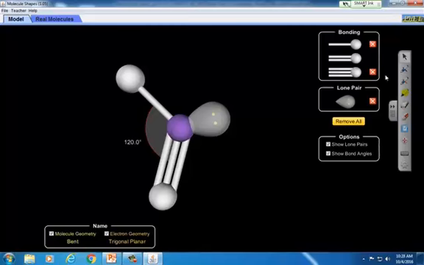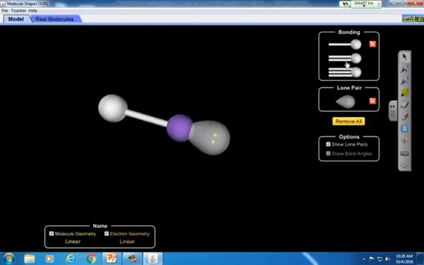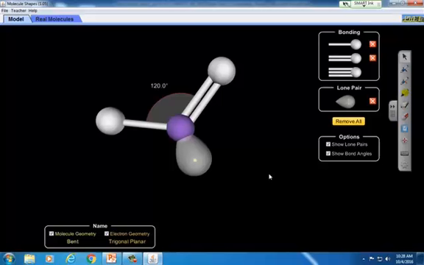So if I take out that triple bond and add a double bond, still the same thing. Triple bond, double bond, they're both still one electron domain, and they both still basically cause almost the same amount of repulsion. So technically these angles are not perfect here because a lone pair does not repel other groups to the same exact extent that a single bond or a double bond does.